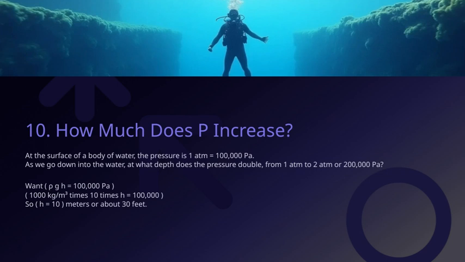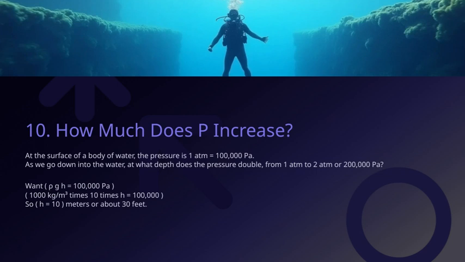Now, the question is, at what depth does the pressure double from 1 atm to 2 atm, or from 100,000 to 200,000 pascals? Since pressure increases linearly with depth in this scenario, the answer is straightforward. At about 10 meters below the surface, the pressure would double. This illustrates a key concept.